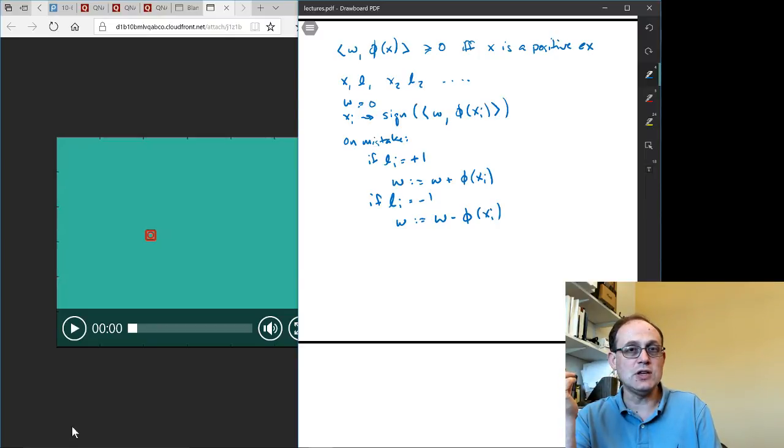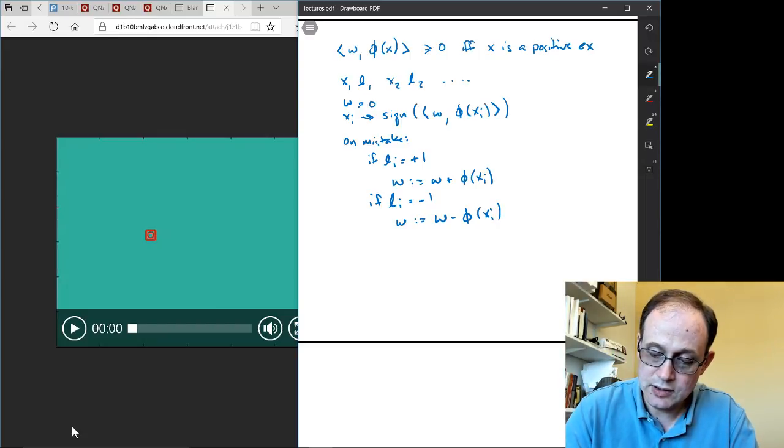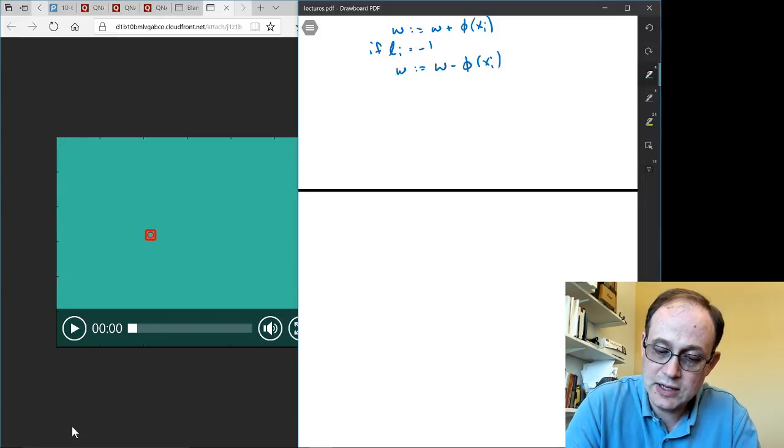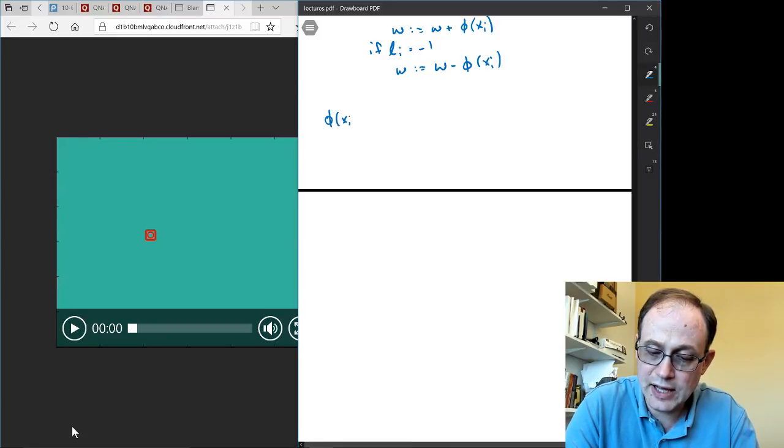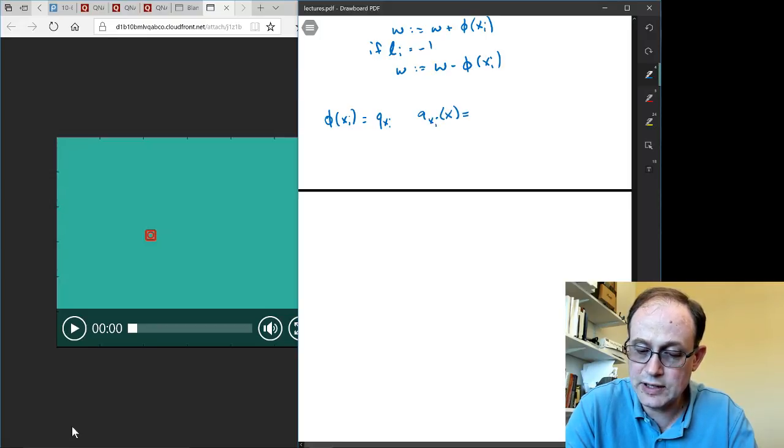In particular, in our example, phi of xi is equal to q sub xi, which is a function. So q sub xi of x is defined to be e to the minus difference between xi and x squared over 2 sigma squared.